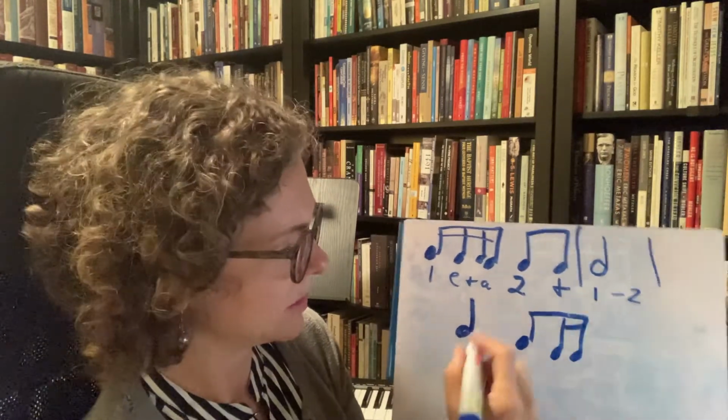We have quarter note. Then our new rhythm pattern here. So this would be 1. It gets all of the beat. Then this one would be 2. It only gets half of the beat.